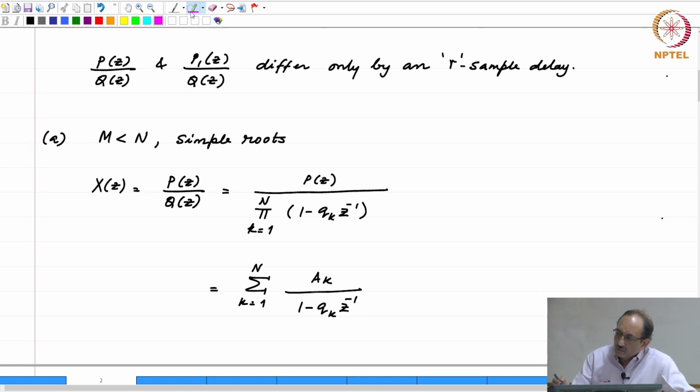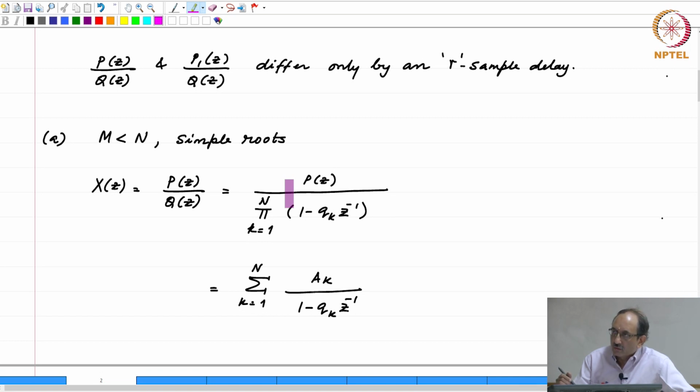By the way, when you assume m to be strictly less than n, this ratio of polynomials is said to be in, you must have encountered this in Laplace, the term that is used when m is strictly less than n when you are applying partial fractions: proper form.